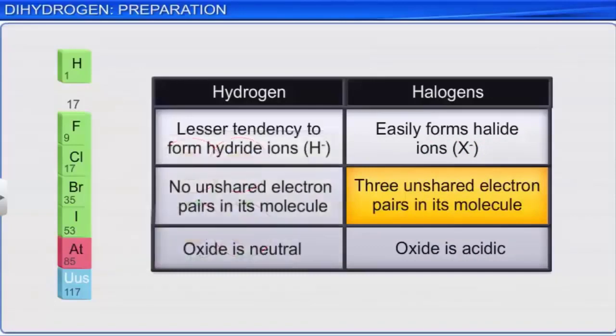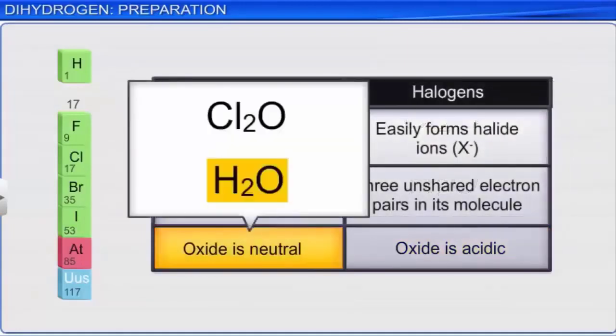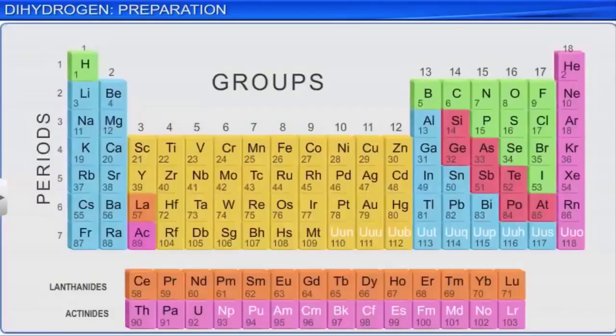The oxides of halogens, such as chlorine oxide, are acidic in nature, whereas hydrogen oxide or H2O is neutral. Because of this unique behavior of hydrogen, it is placed separately in the periodic table.